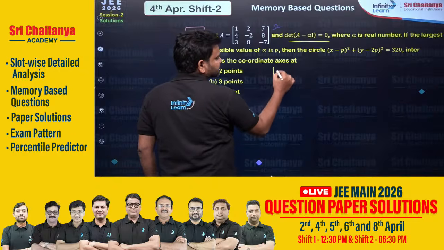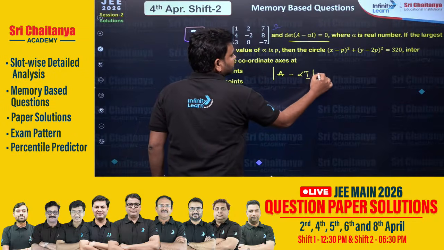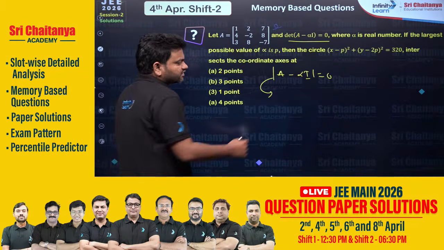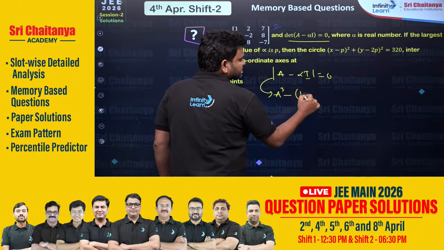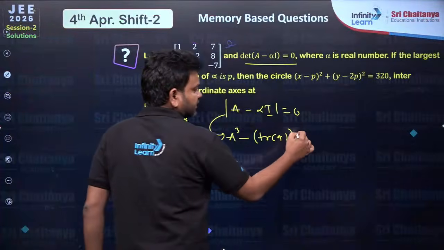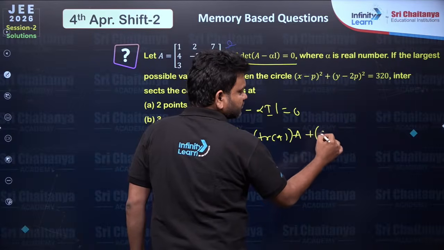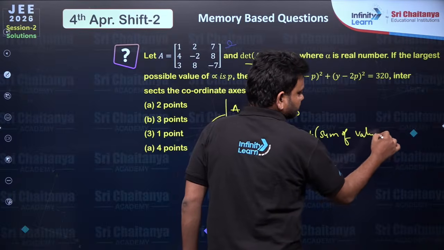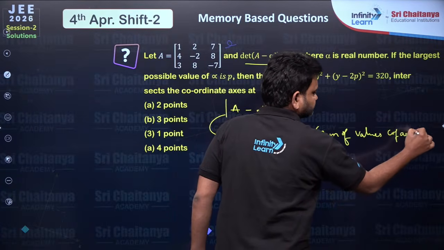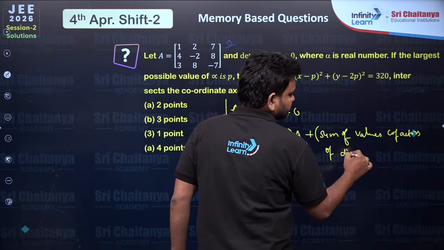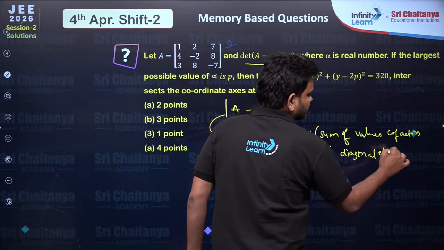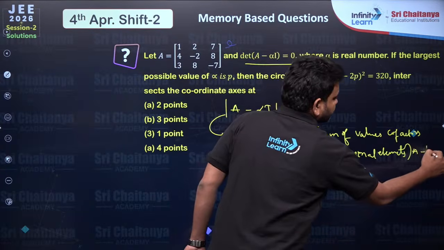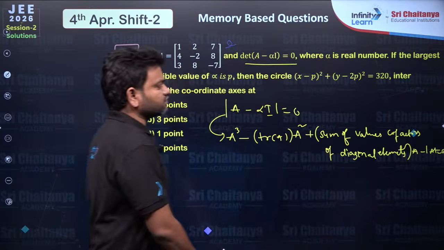So if I write this A minus alpha I is equal to 0, this is a characteristic equation. So the answer of this will be in the form of alpha cube minus trace of A into alpha square plus sum of values of cofactors of diagonal elements into alpha minus determinant of A is equal to 0, is what you are going to get.